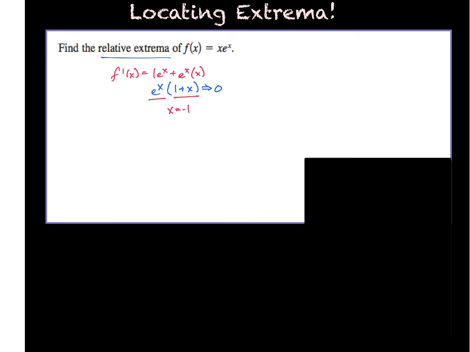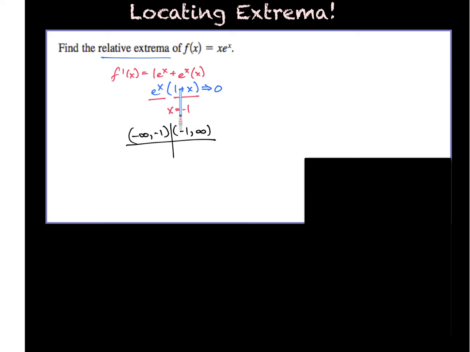What should we do to find a relative extrema, though? I need to do my sign chart. Exactly. So I need to go from negative infinity to negative 1, and then negative 1 to infinity. And again, if I substitute something on this interval, let's pick like negative 2 sounds great. Is this part ever going to be negative?